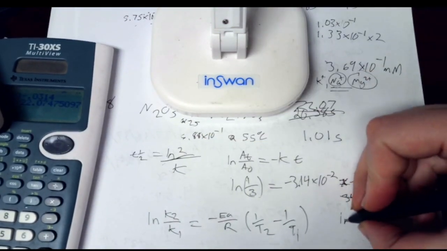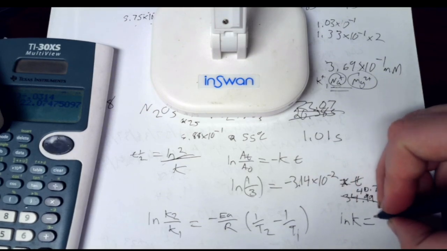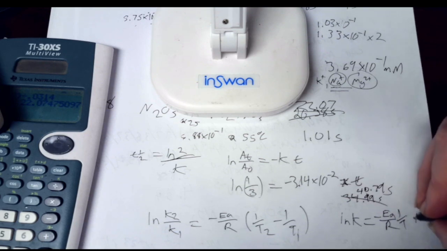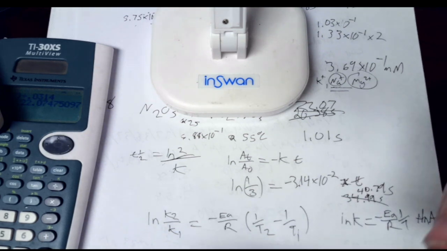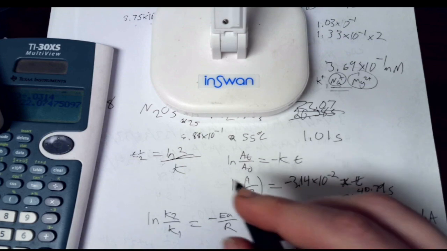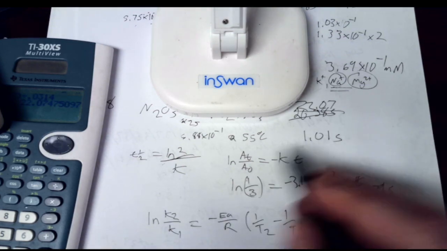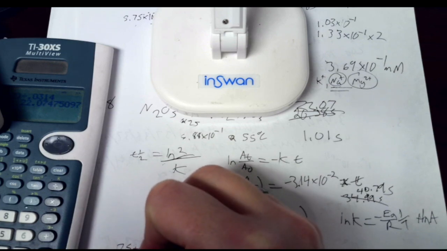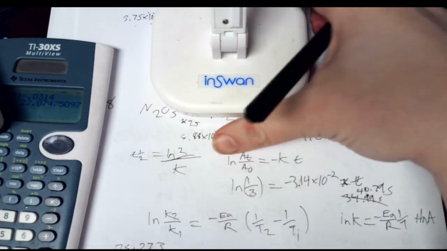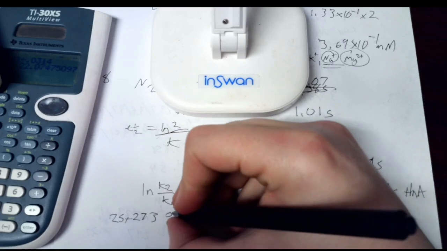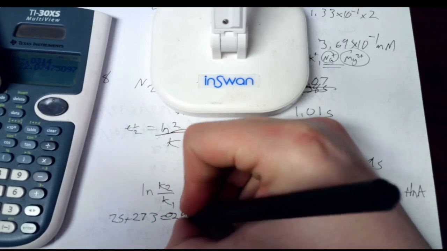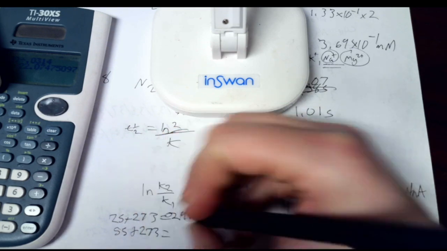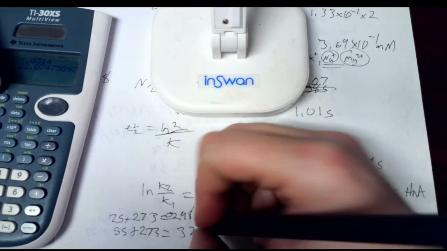And ln k equals negative EA over R times 1 over T plus ln of A. We could technically graph this and get the same thing, but we'll just plug these in. Now, we need our temperatures in Kelvin. 25 plus 273 is 298. And 55 plus 273 is 328.